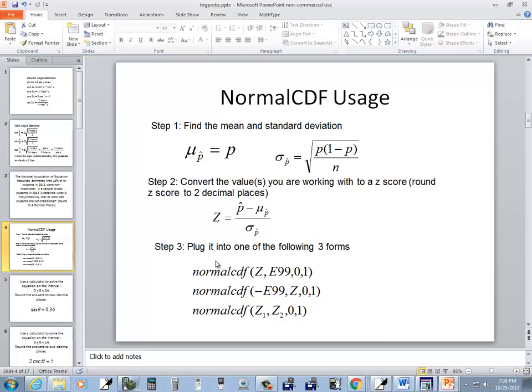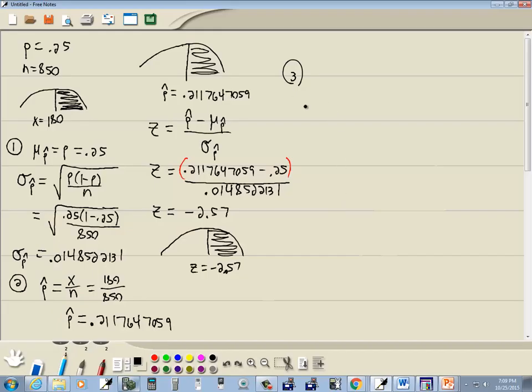Now step 3. Plug in one of the following forms. This should shade to the right, so we're going to use the first form. So we're going to do normal CDF, and then we'll put in our low value, which is negative 2.57, our high value, which is E99, comma 0, comma 1.